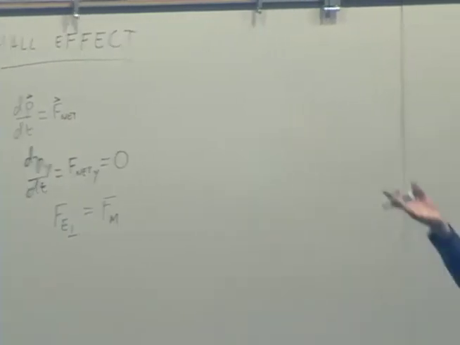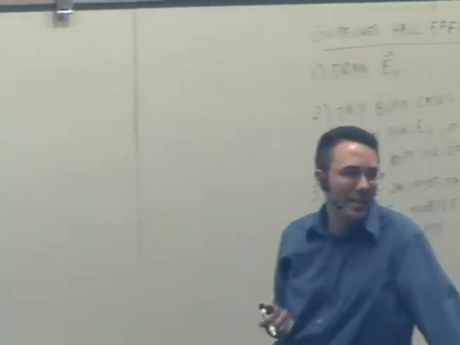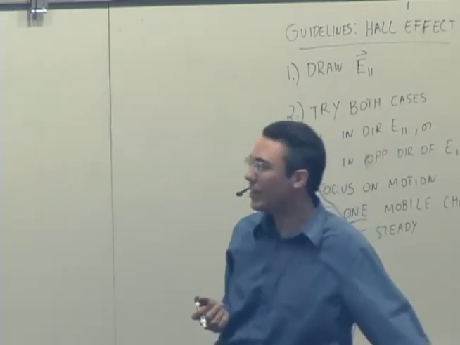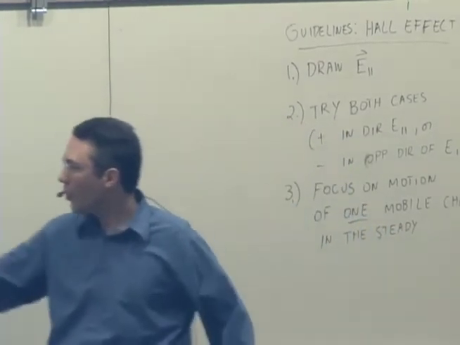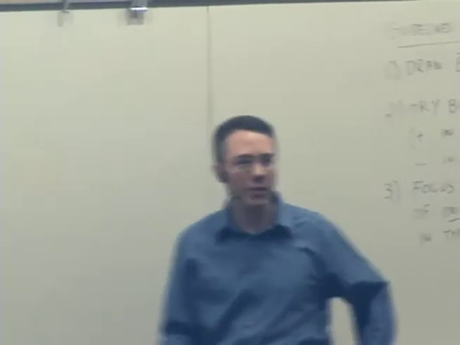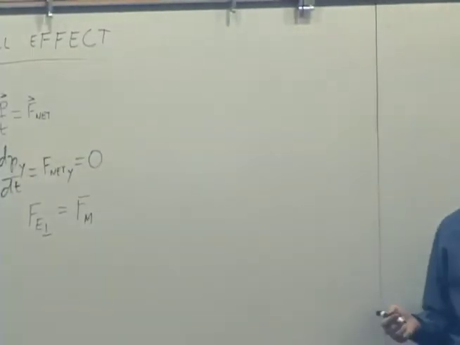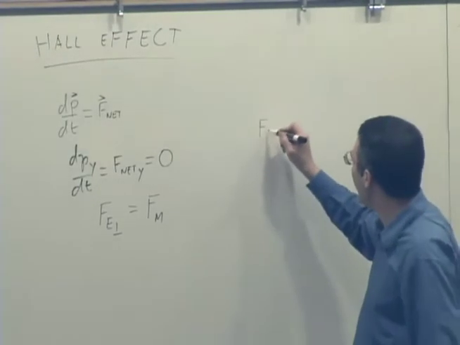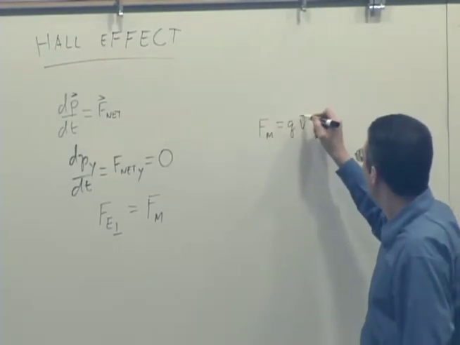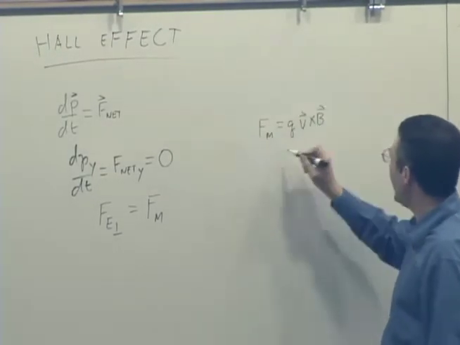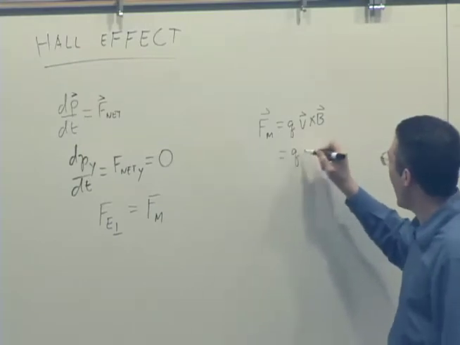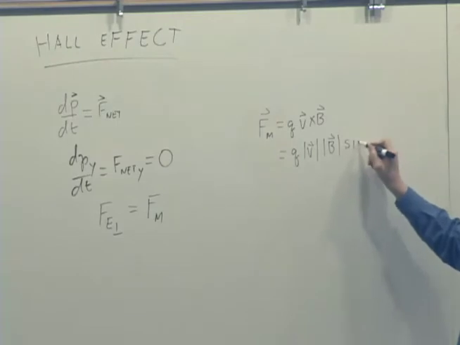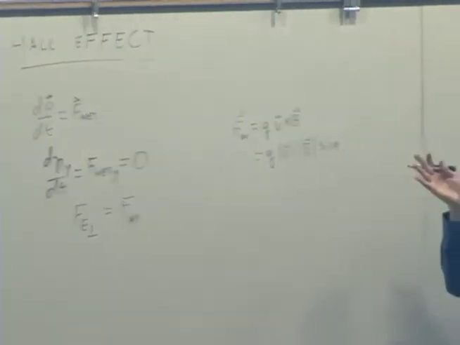We're trying to find the magnetic dipole moment of this bar magnet, so hopefully the magnetic field is going to show up someplace. What's the magnetic force? What's the formula for that? QV cross B. We're looking at the magnitude: the magnitude of V times the magnitude of B times the sine of what angle? 90 degrees.